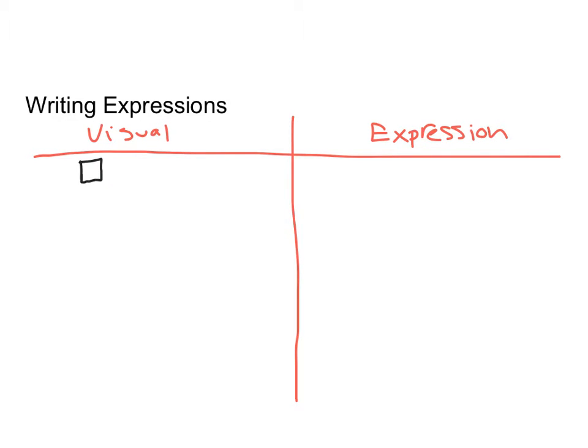And for our expression, we need something to represent that unknown quantity. So let's use a variable. N is sometimes used as a basic general variable because it can sort of stand for number, right? So let's say that our expression for just one box would be N.